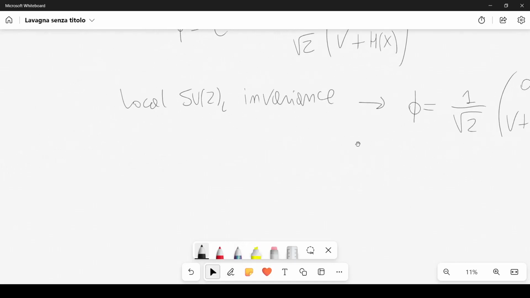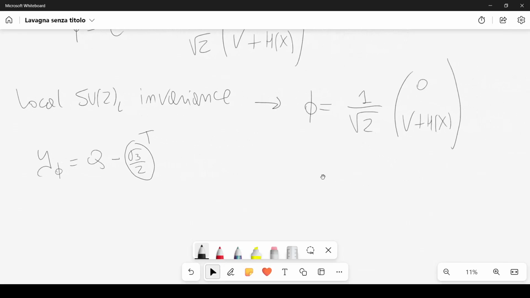Now, remember that for the hypercharge Y_phi, we have the following equation. We have Q. In general, we have minus sigma 3 over 2, if you remember from the previous lectures, and in particular, instead of sigma 3 over 2, we write the operator that we called T.